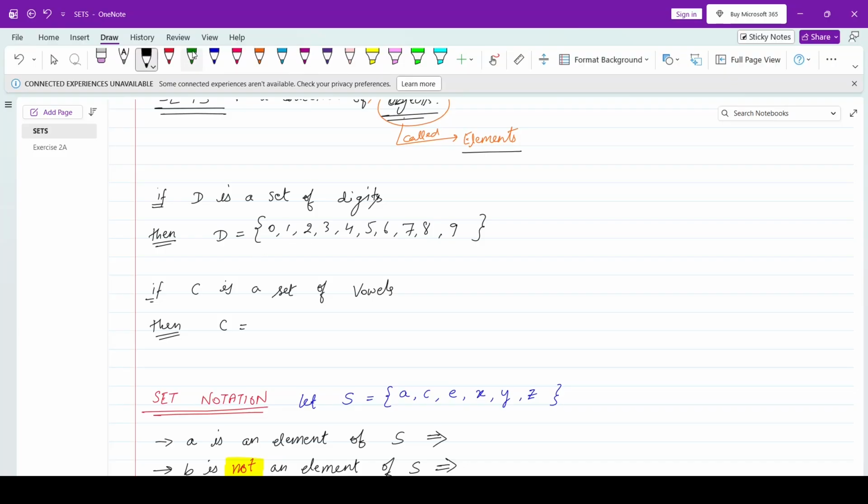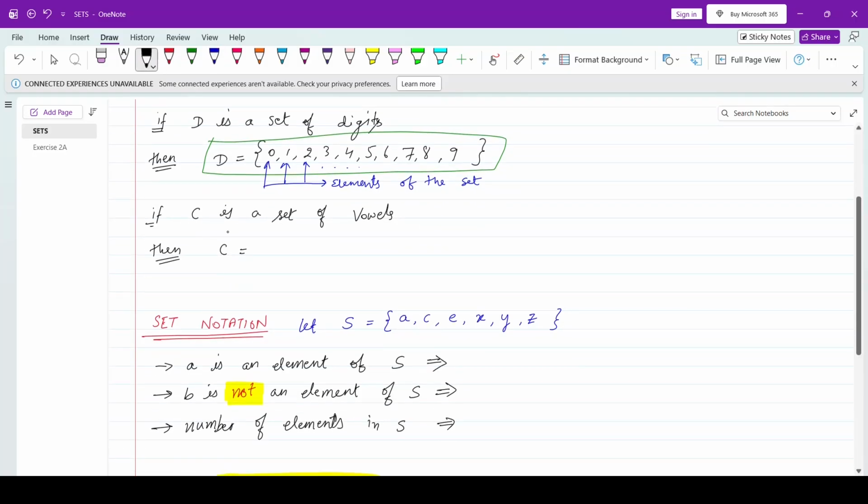So this is how we write a set in curly brackets, and these individually are called the elements of the set, and so on.